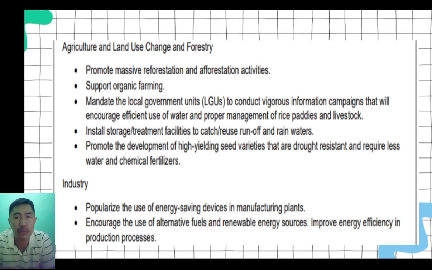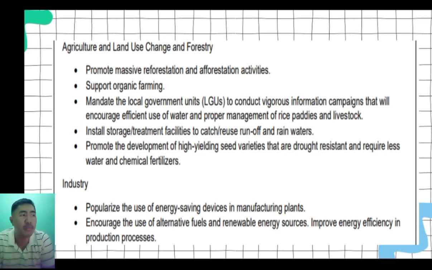So storing them can help us to conserve water. We don't know the weather, so at least you have enough water to use for our plants, for cooking, for the toilet and all.